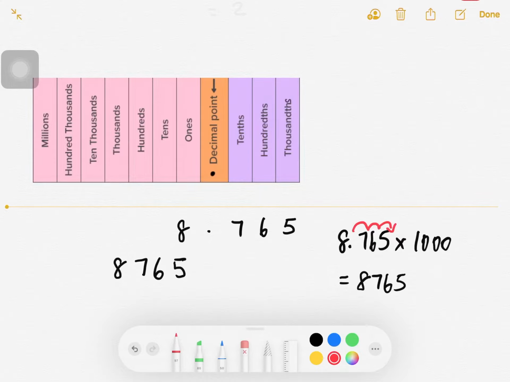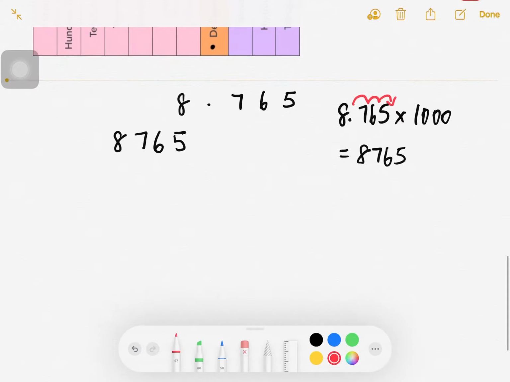Okay, so with that same thing, let's consolidate. So let's say I have 0.002, I multiply by 1,000. I shift the decimal point 3 place values to the right. I get 2.